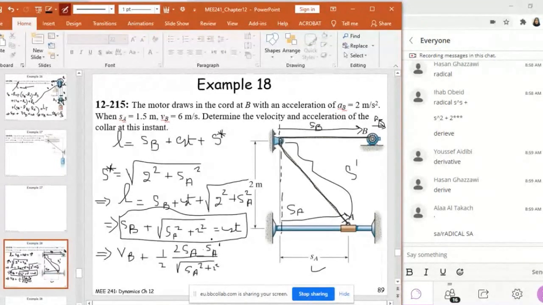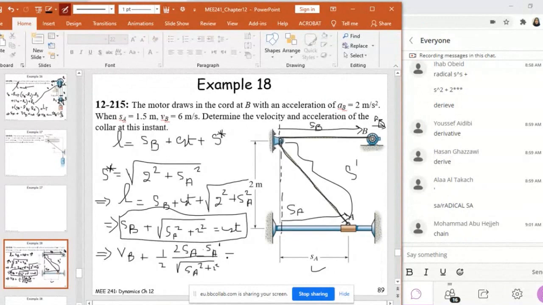All right? It is the derivative of U with respect to time, not with respect to S. Yes, you can say it's the chain rule because I can say that it is dU over dS times dS over dt, and this dS over dt is SA prime.